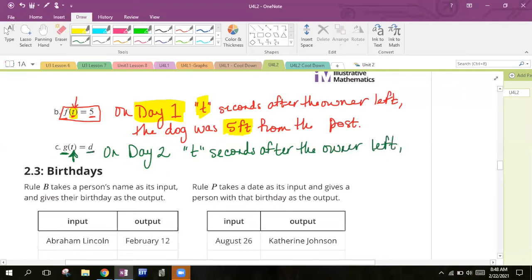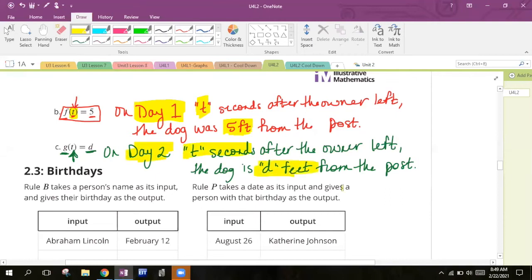How far away is the dog from the post? D feet. Good. So we've got what graph we're talking about, we've got our input and we've got our output. So we are good.